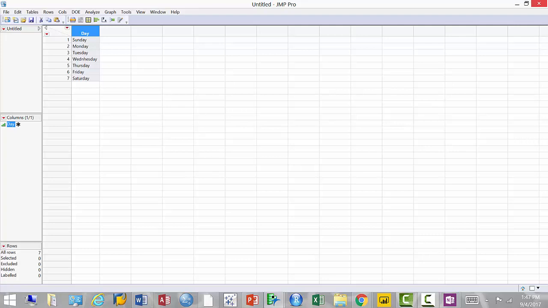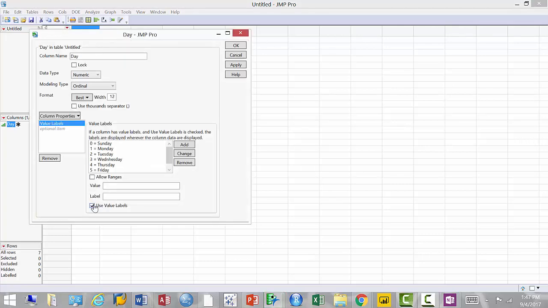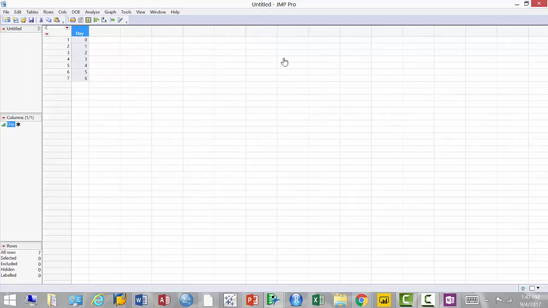Because of this checkbox, essentially, I'm telling JMP that, hey, you need to use the labels that I assigned to my numbers, 0 through 6, okay? I can go back, obviously, right? So if you double click and you uncheck this checkbox and you say okay, it goes back to 1, 2, 3, 4, 5, 6, okay? Make sense?